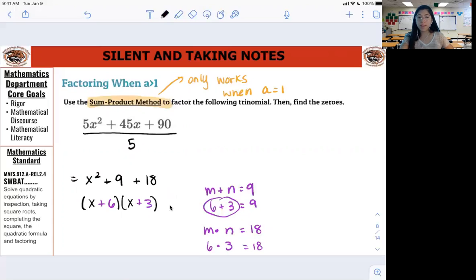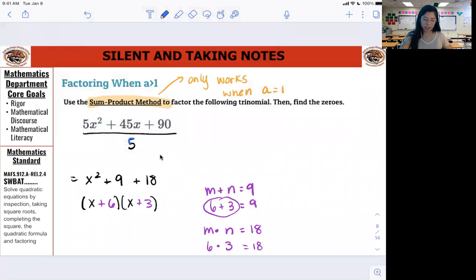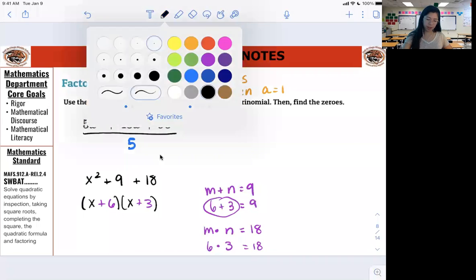Okay, but there's one thing that is still kind of an issue because we divided by 5, right? So the original equation has to be multiplied by 5 to get back to where we started. So let me explain that one more time. Since I divided by 5 at the beginning, what I really need to do is make that 5.